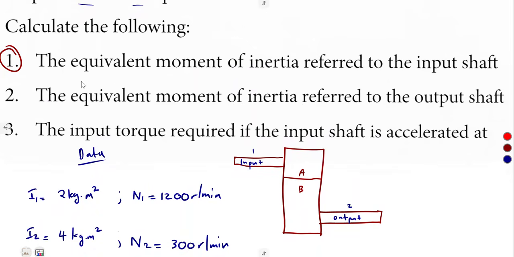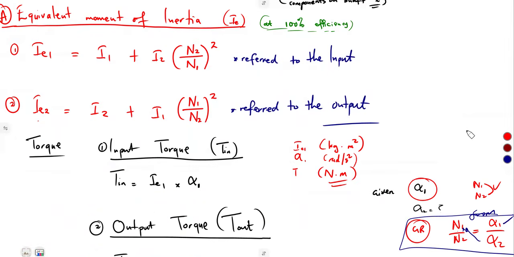Number 1, the equivalent moment of inertia referred to the input shaft on a simple gear train. We are not even given efficiency there, so we assume 100%. So these are the formulas that you're going to use.